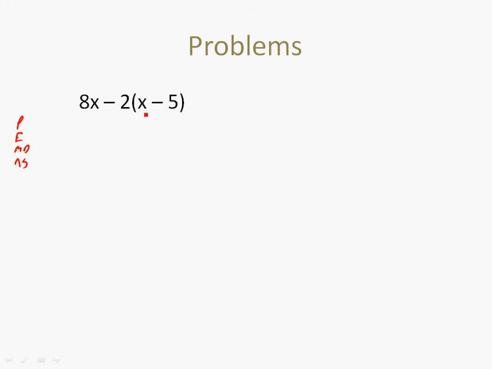Not like terms, parentheses done. No exponents. Multiply or divide. I have a negative 2 I have to distribute. Just because we did distributive property last unit, don't forget that negative sign's attached to the 2 and it's touching the parentheses. So it's a negative 2 that gets distributed. Negative 2 times x, negative 2 times negative 5. So I have 8x minus 2x. And now since I have two negatives, it's going to be plus 10.